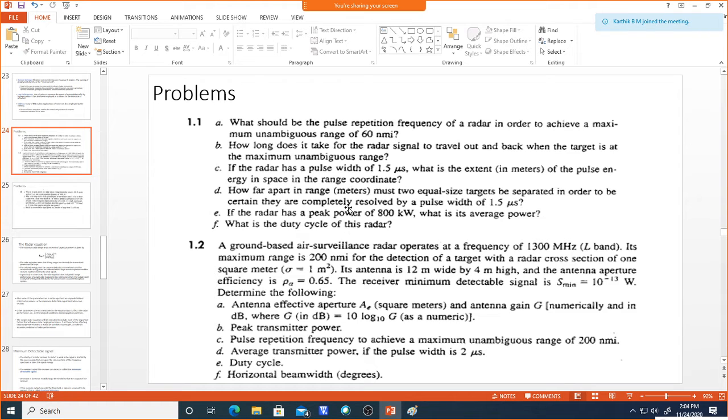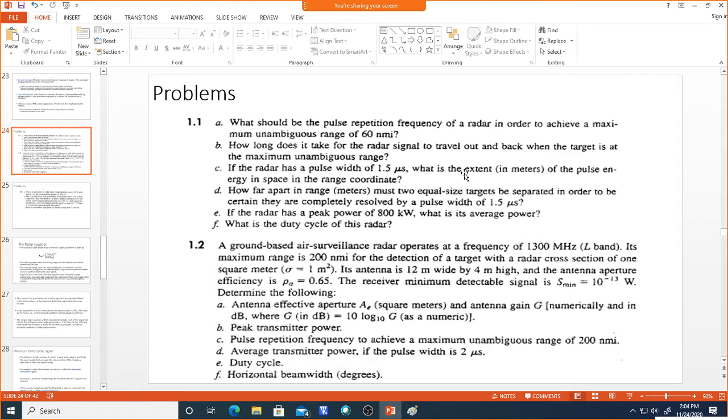So if the target is at the maximum unambiguous range, what is the time it will take the radar signal to travel to the target and come back to the receiver? That you need to find out. And if the radar has a pulse width of 1.5 microseconds, what is the extent of pulse energy in space in range coordinates?